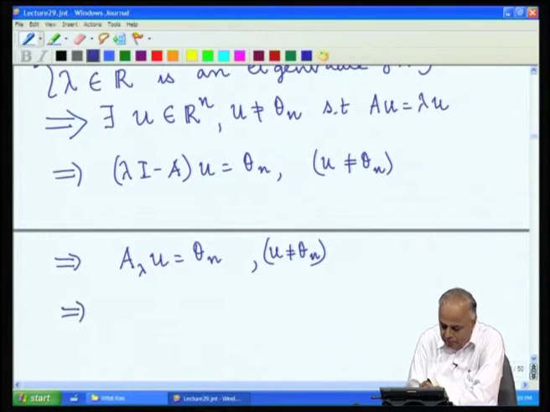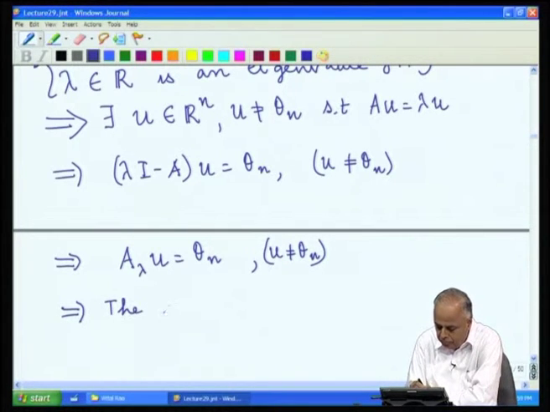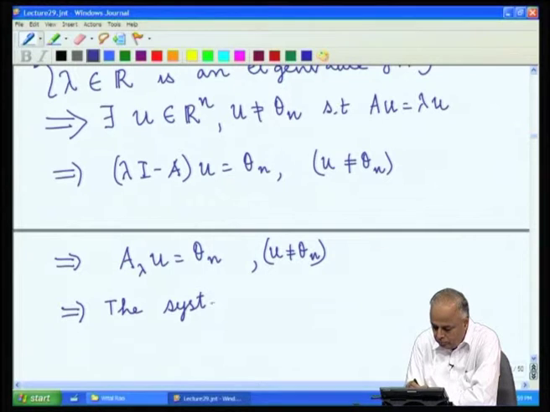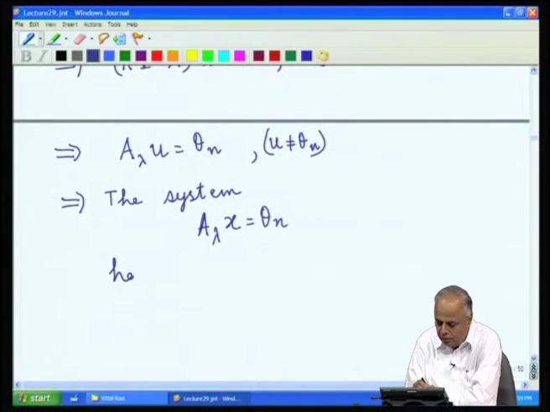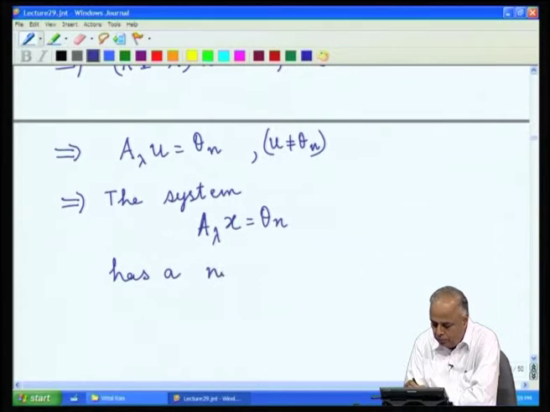This says the system A lambda x equal to theta n has a non-trivial solution u.